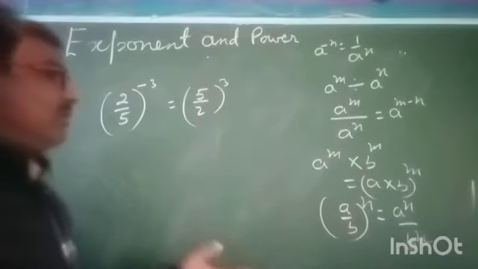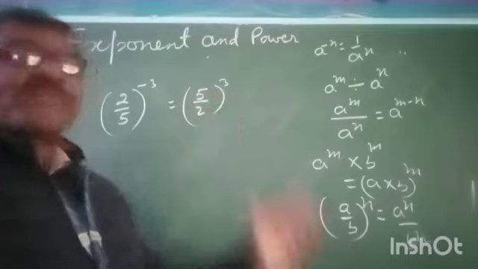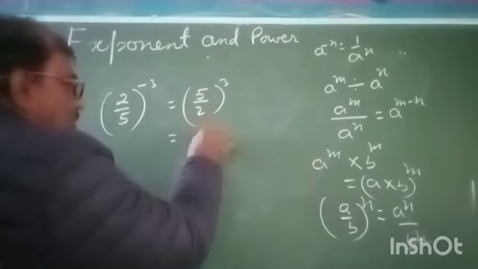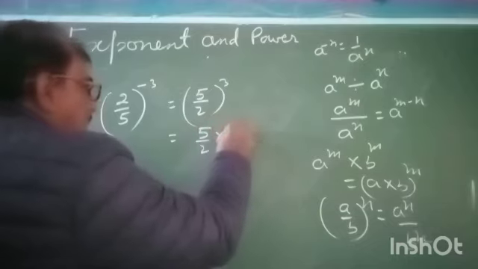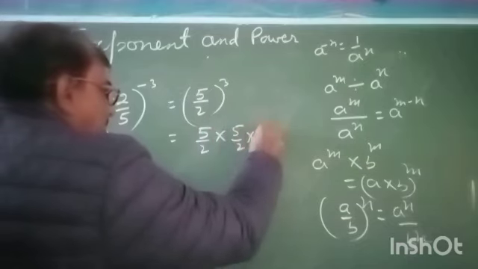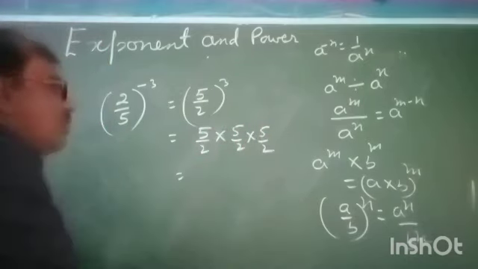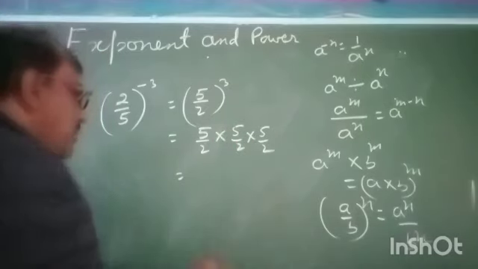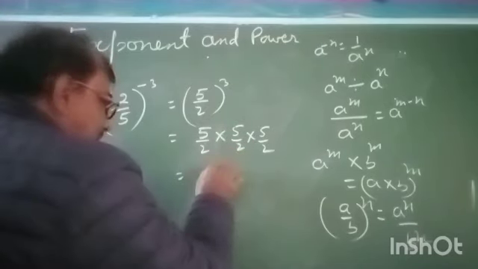And if you want to expand this, then it will be equal to 5/2 multiply 5/2 multiply 5/2. Then it will be equal to 5 times 5 is 25, 25 times 5 is 125, and 2 times 2 is 4, 4 times 2 is 8.